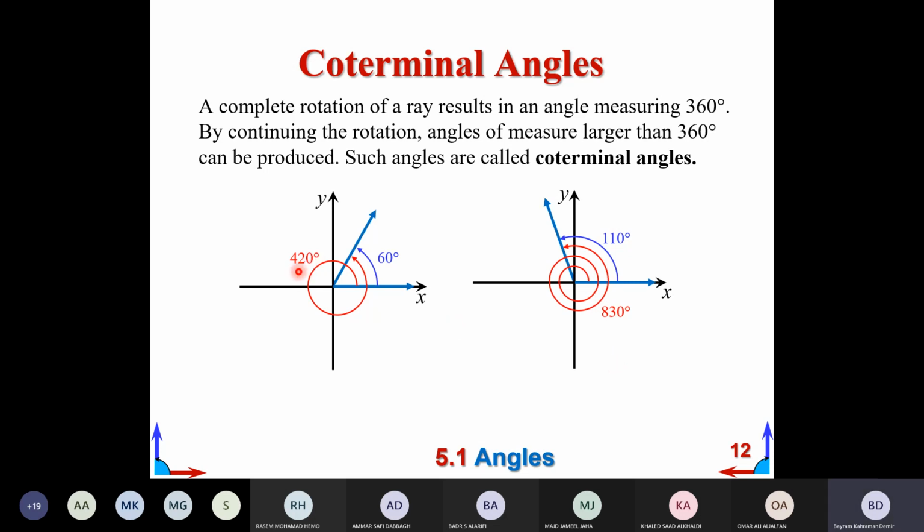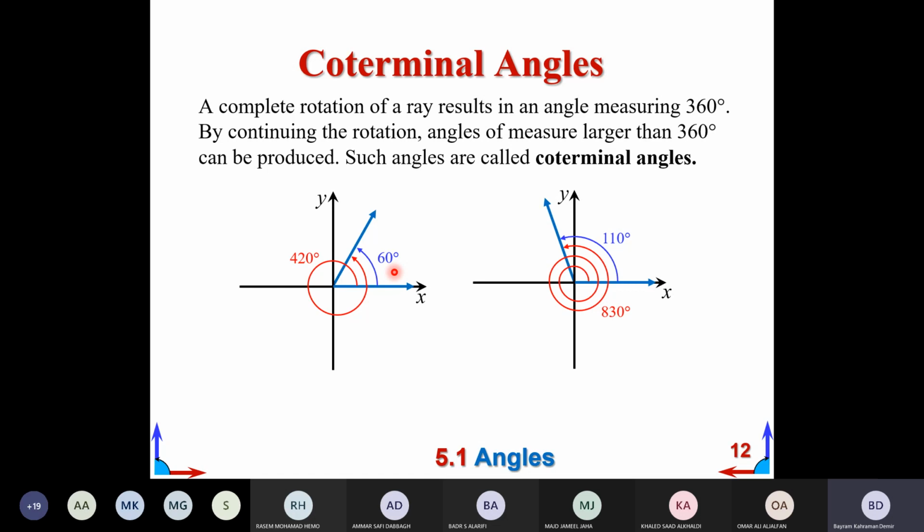When we have 420 degree, how do we find the 60 degree? Subtract 360 from it, and you will get 60 degree. Or if I give you 60 degree, how do you find 420? Add 360.